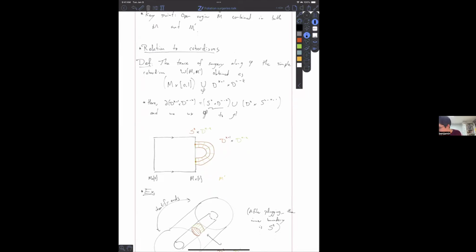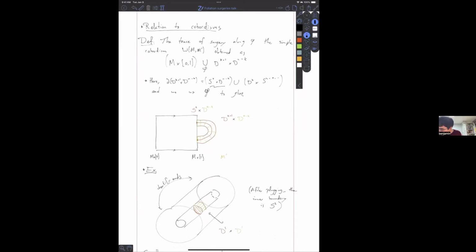Okay, so here's my cartoon: we take M times the interval. So here's M times the interval, and here you're attaching the disk bundle over the sphere.